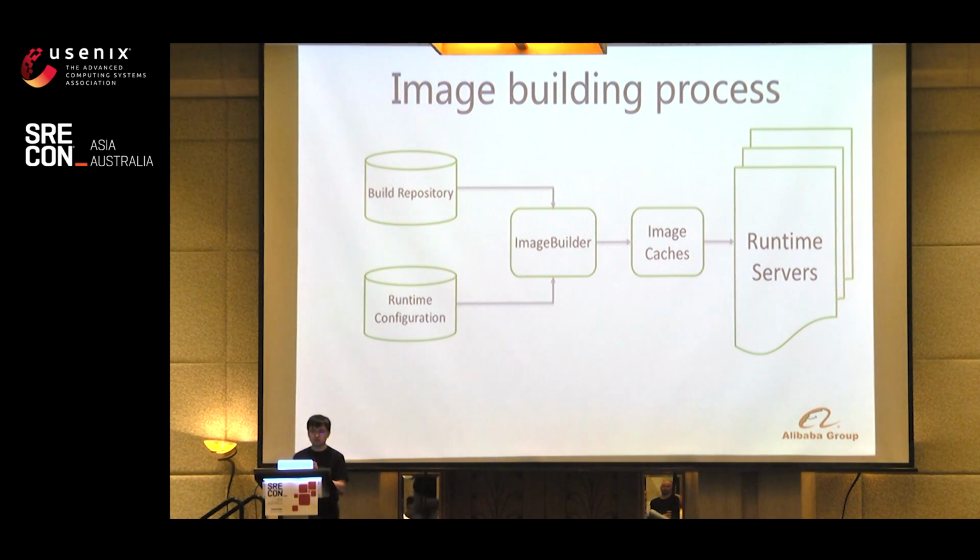So in this process, you can see that we just build the image at the region level, then dispatch the image to the data center level, and every server will fetch the image it needs and run it in a local manner. So we make it as simple as possible.